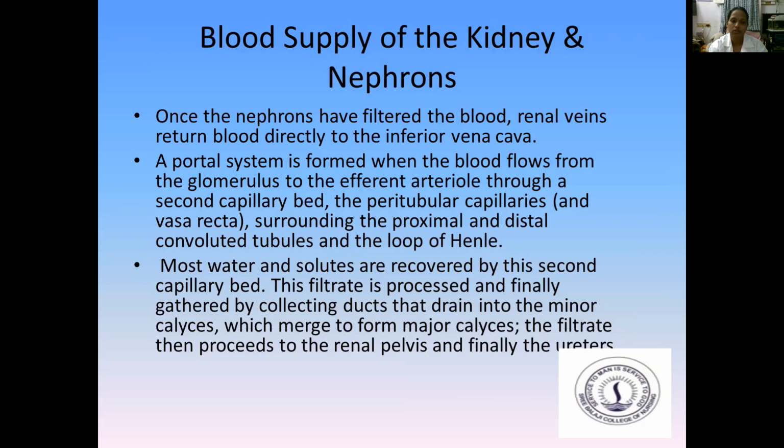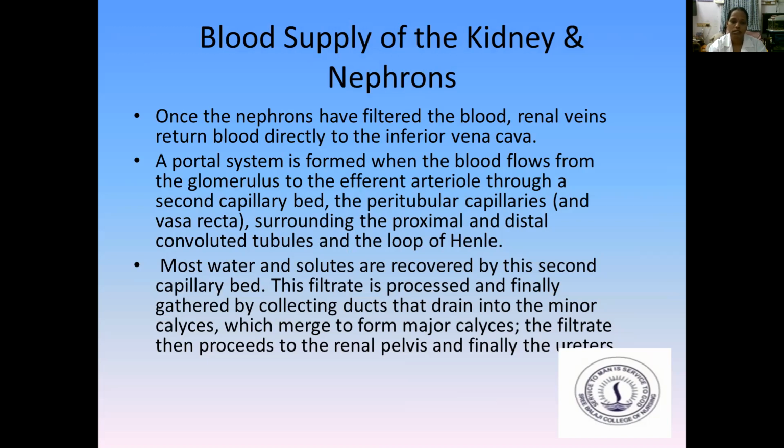A portal system is formed when the blood flows from the glomerulus to the efferent arteriole through a secondary capillary bed, the peritubular capillaries surrounding the proximal and distal convoluted tubules, and lastly the loop of Henle.